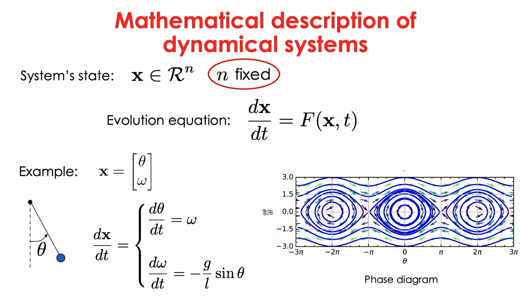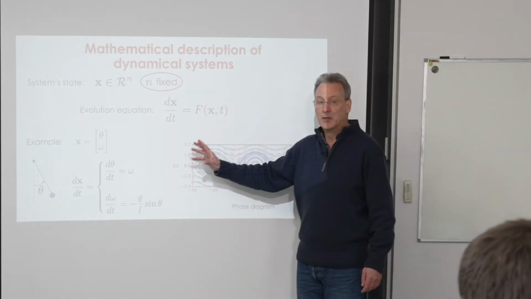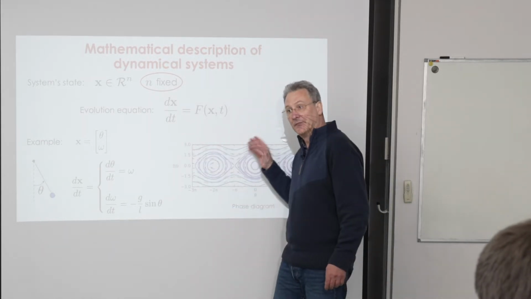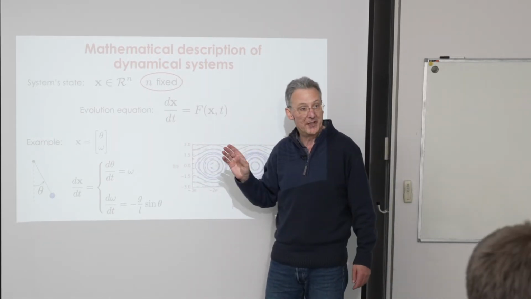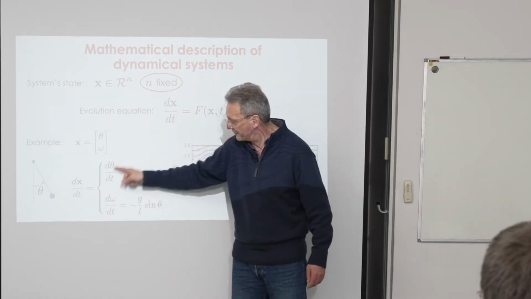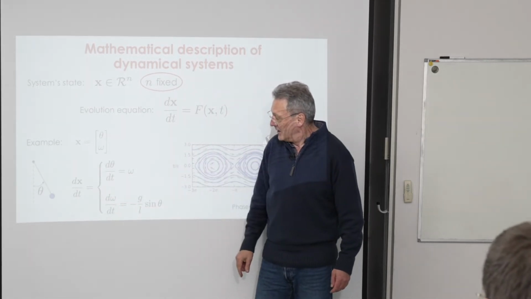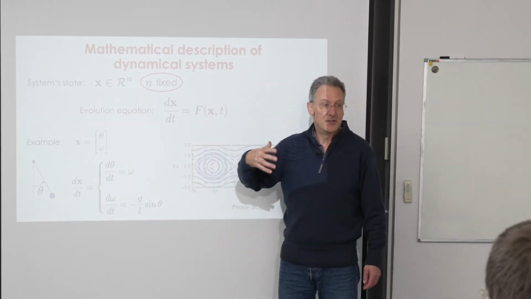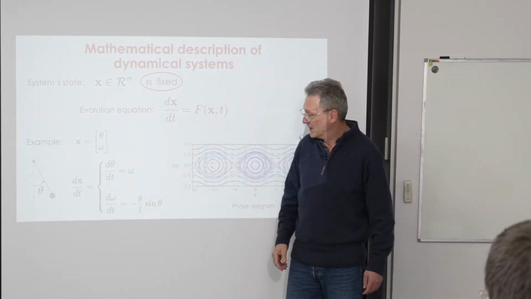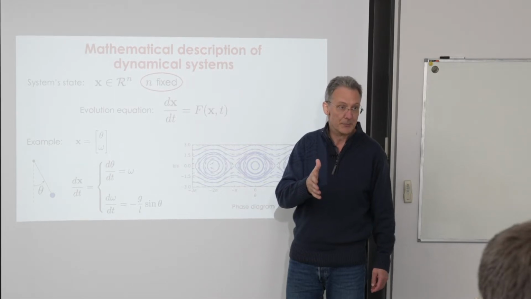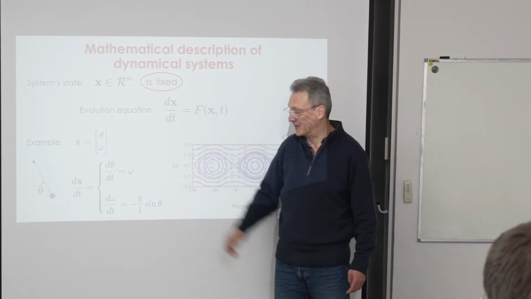Then you solve this, and solving this means computing all the states of the system at different dates, knowing the evolution of the system. So the evolution is given by this formula. Knowing the evolution, you want to integrate the system, as it is called, starting from a point x0 that you give at the starting point, and then you integrate the system.